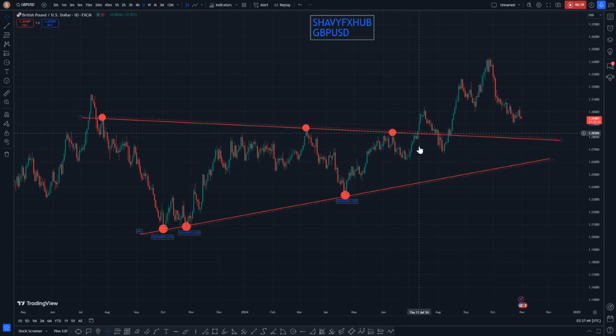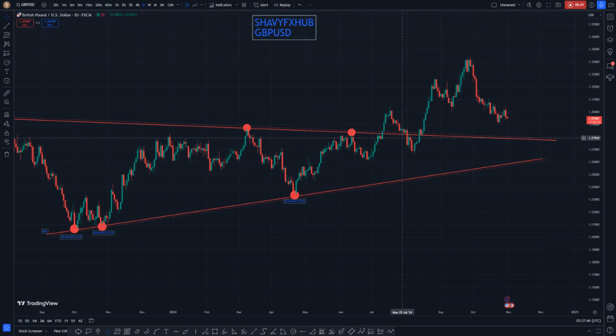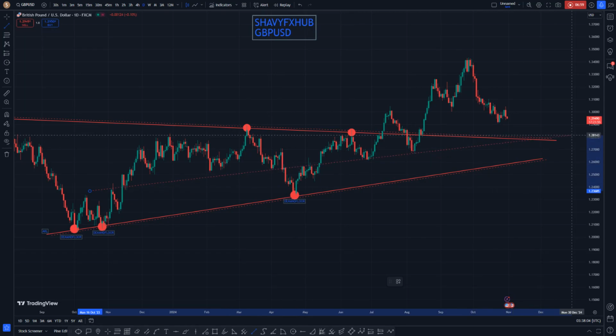After the break of structure, price came back, retested, broke the structure, and came down to another strong support level, which held price firmly. We have here a support structure that has sustained price.